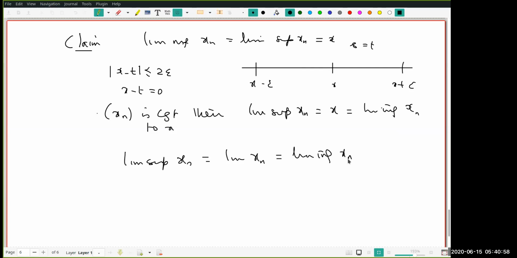So in a convergent sequence, we have found out lim sup and lim inf are equal, and the same proof also shows they are equal to the limit of the sequence.